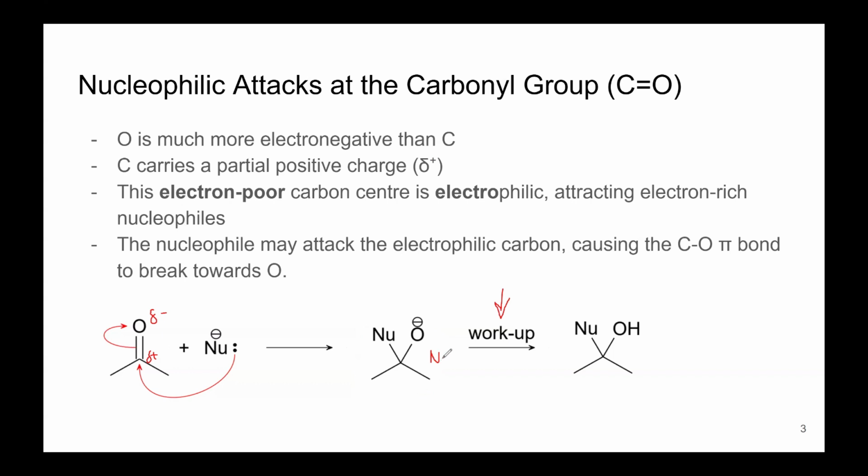So for example, if you have a sodium plus ion, then you will obtain a salt, but the salt isn't what you want to obtain normally. So you will add some dilute acid, and then you will have your tetrahedral product where you obtain an uncharged species. So that's what the workup is for. It's for you to get an organic product instead of a salt.